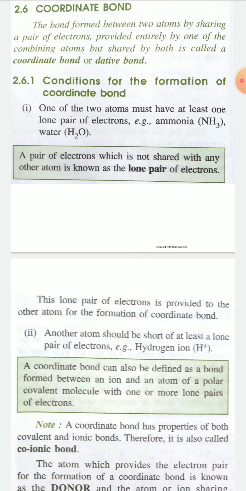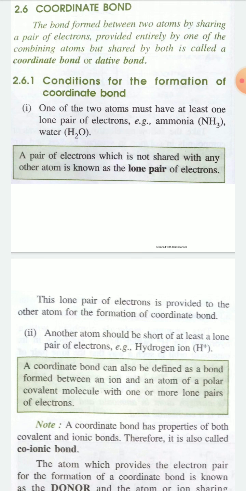In a coordinate bond, a pair of electrons is provided entirely by one combining atom, and the shared pair is shared by both of the combining atoms. So a coordinate bond is the bond formed between two atoms by sharing a pair of electrons provided entirely by one of the combining atoms but shared by both; it is called a coordinate or dative bond.